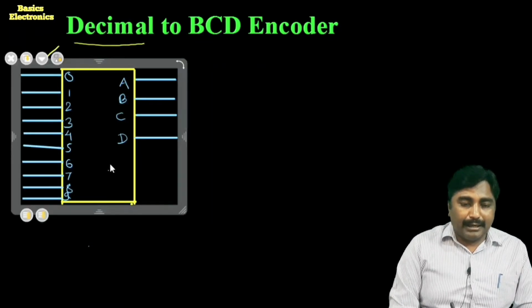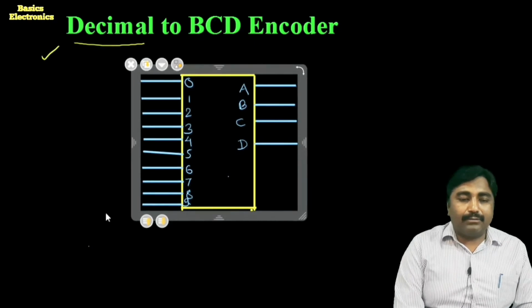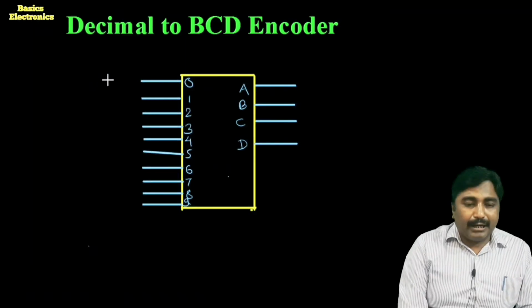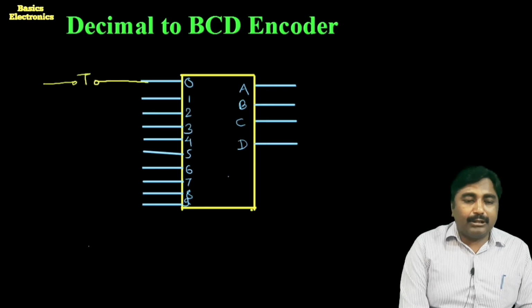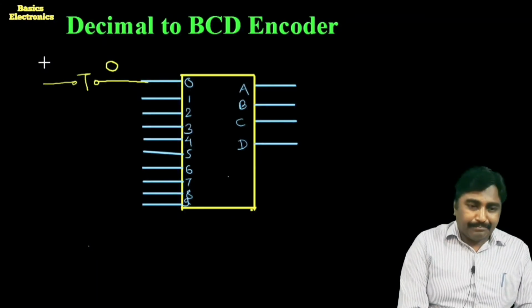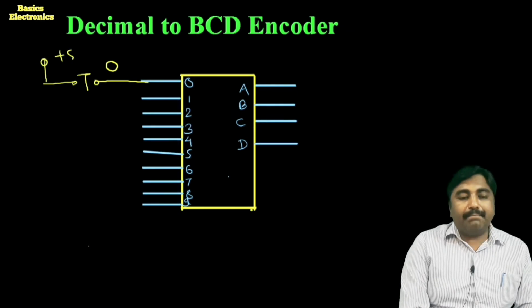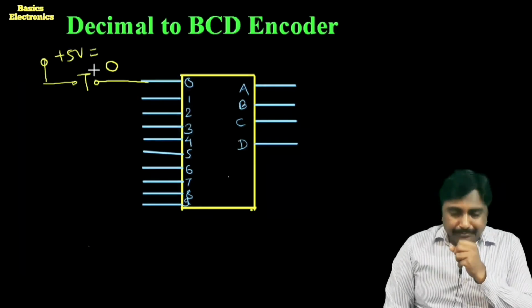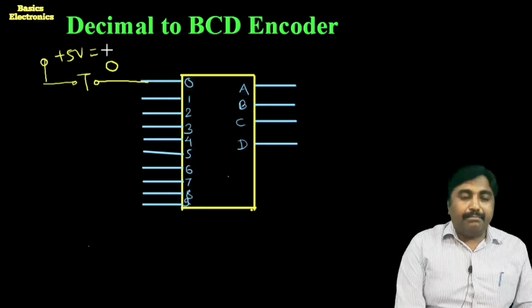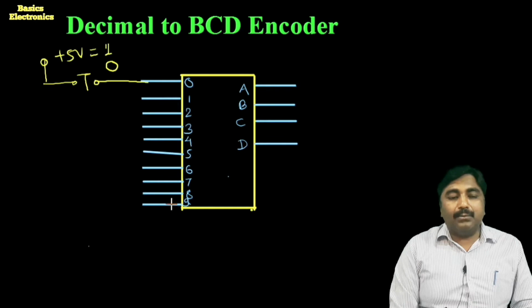Suppose we are using this type of logical diagram, then diagrammatically how can we show it? Here we require to use a number of switches. Suppose this switch is assigned to the decimal digit 0 and we are using the OR gate, then we connect it to the plus 5 volt, meaning we are applying the logical input, which is equal to 1.